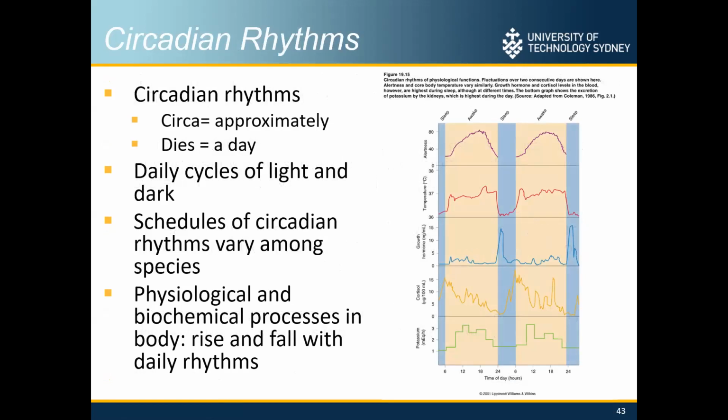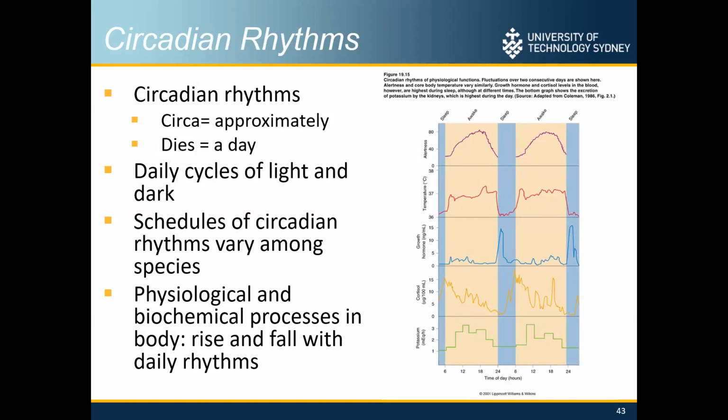The next bit is looking at circadian rhythms. I know we're running out of time, so I'm just gonna run through this quite quickly. So circadian rhythm is our daily light and dark cycles, which controls our behavior and our sleep patterns.